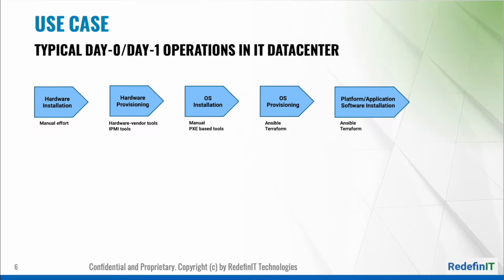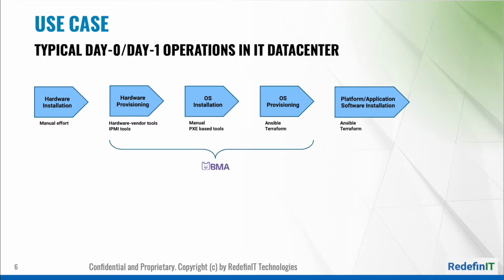Following this step is OS provisioning and software deployment. From this step, every aspect can be automated using proven technologies such as Ansible, Terraform, Puppet, etc. However, the OS installation is where there is a huge gap.